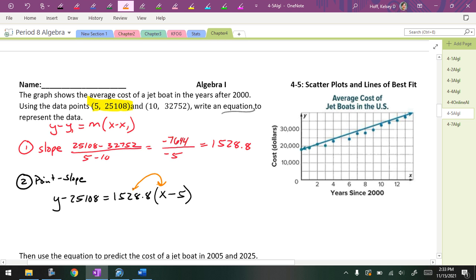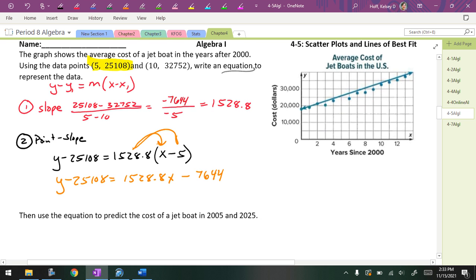Distribute. Y minus 25,108 equals 1,528.8x minus 7,644. Is that correct? Yes? No? Yeah?